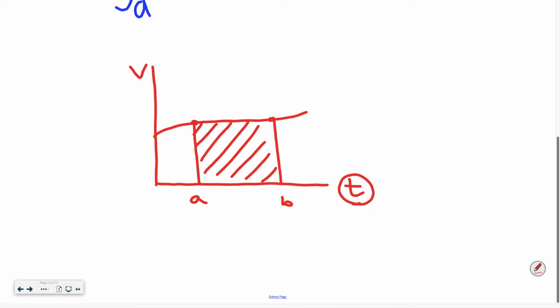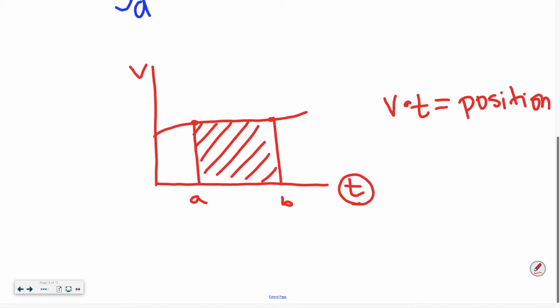What do we get when we take velocity times time? We get a distance. I'm going to call it position. Is that okay? So when we're finding the area underneath a velocity curve, we're finding a distance that is traveled, or maybe the position in which that particle is in.